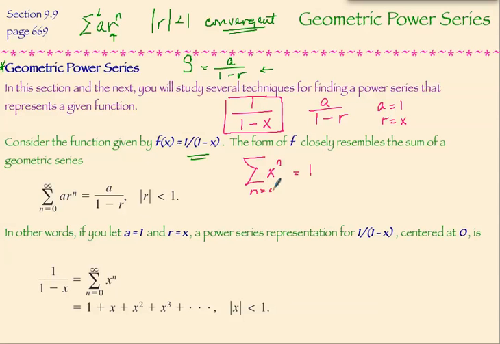This is from n equals 0 to infinity. Plus x, plus x squared, plus x cubed. Good grief, this has got to be one of the easiest power series to generate ever, right? And remember that we can keep this series convergent when the absolute value of x is less than 1.